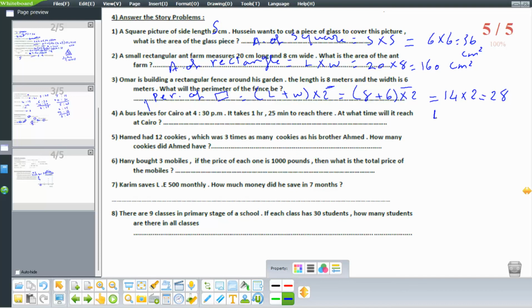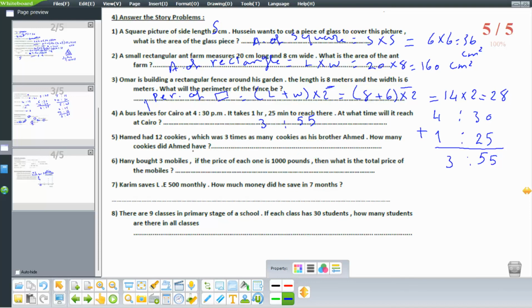Here we are going to add 4:30 plus 1 hour and 25 minutes. 0 plus 5 is 5, 3 plus 2 is 5, 4 plus 1 is 5. So he will arrive at 5:55.